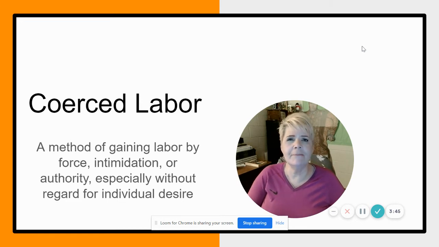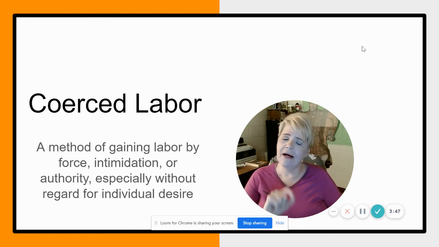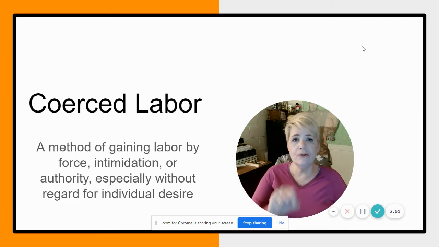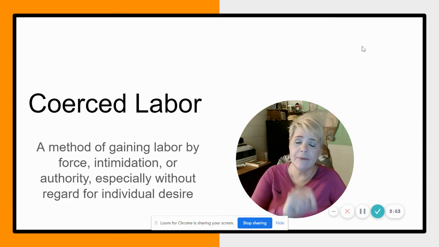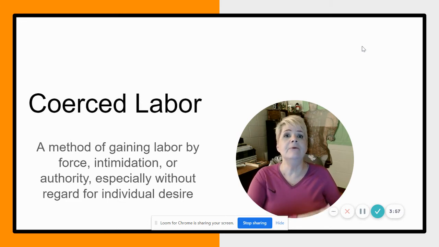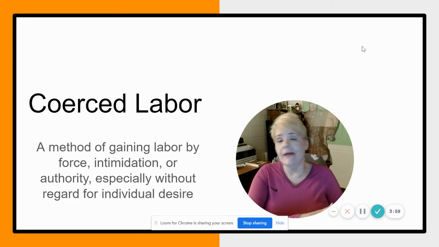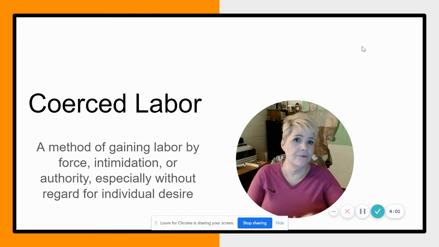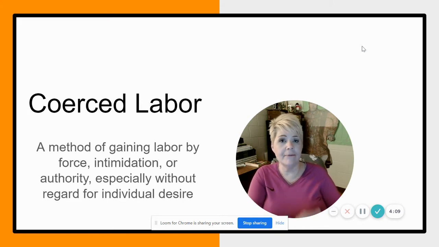Okay, coerced labor. You could argue the fact that trafficking humans, what people are doing today, is a form of coerced labor. Okay, people are paying their plane ticket to go from oppressed nations to the United States, for example, and once they get here, they're forced to work off that plane ticket.